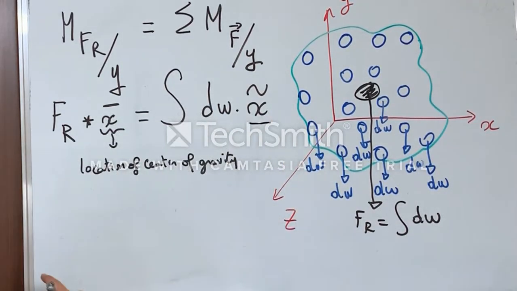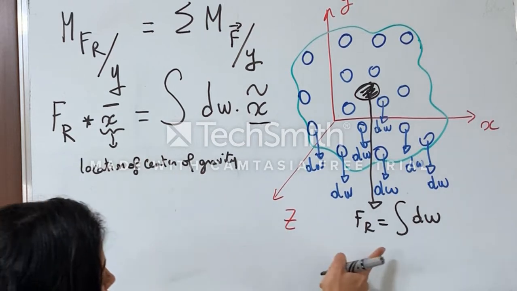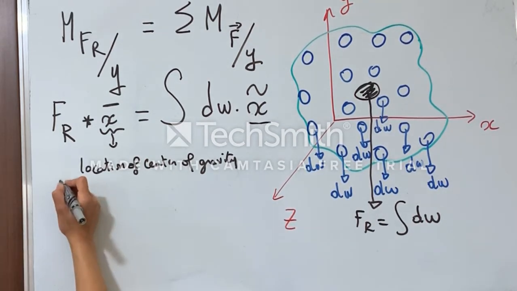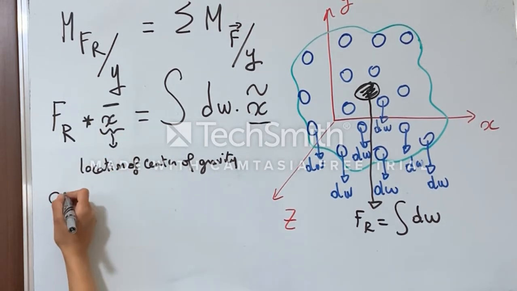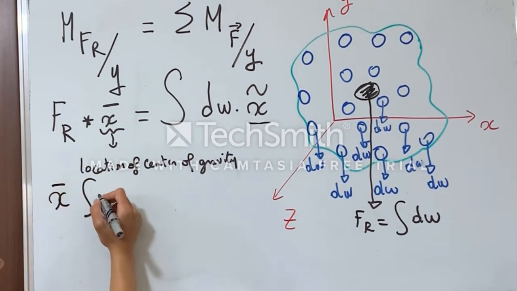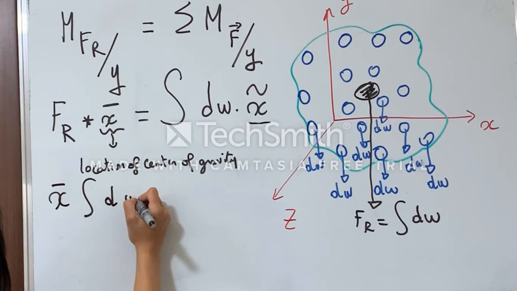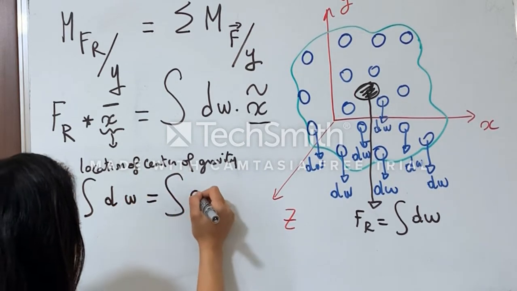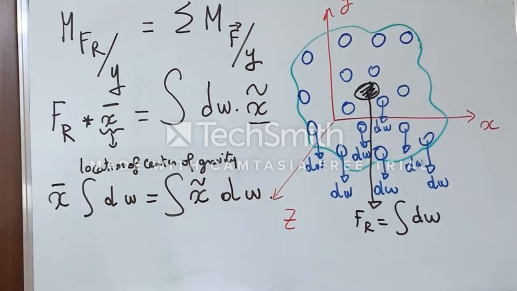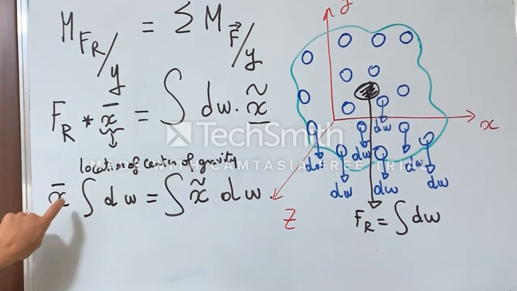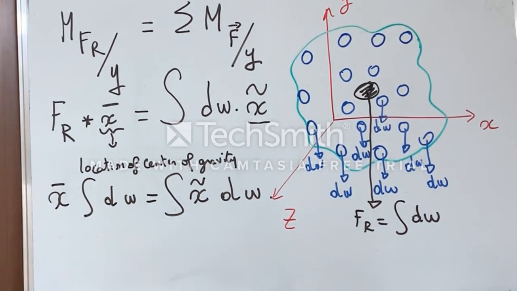Alright? Now, guys, I know that F resultant is equal to what? F resultant is equal to the integration of dw. So I will take x bar here. F resultant is the integration of dw, and this will be equal to the integration of x dw. Now this x bar here is the x coordinate of the location of the centroid.